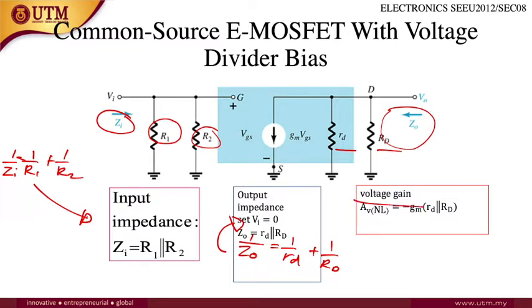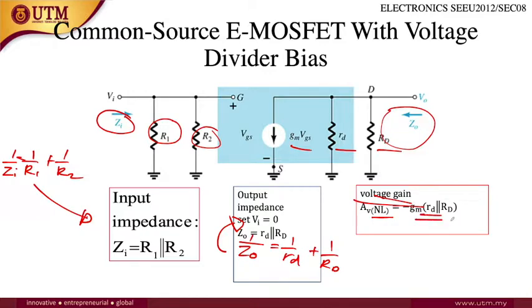For the voltage gain, if it is without load, there is no load here, so the voltage gain is at this point. It will be minus GM VGS, because of the minus, times RD over RD here.